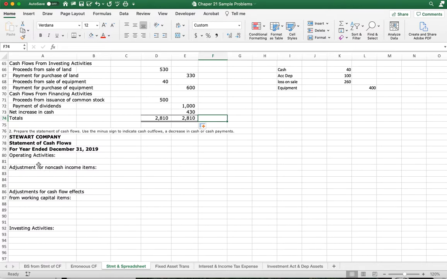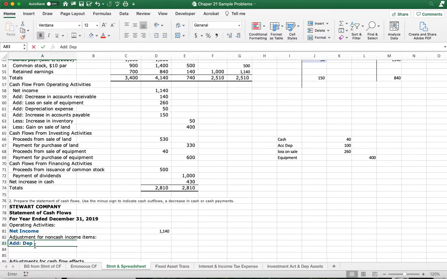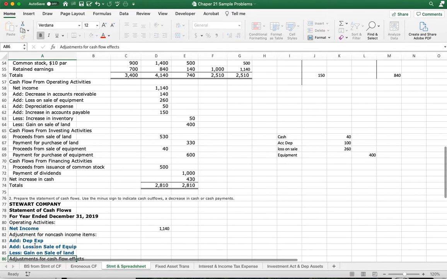And so now it should be pretty easy to just plug all this information in. So of course we start with our net income for our operating activities, and we can cell reference back up to our 1140, I'm sorry. Then our adjustment for non-cash income items, we'll add the depreciation expense, add our loss on sale of equipment, and then less the gain on sale of land.